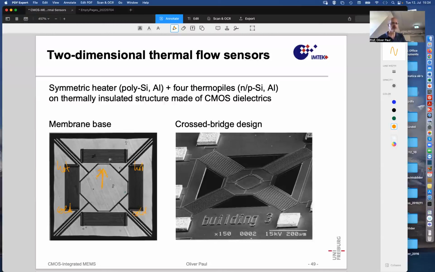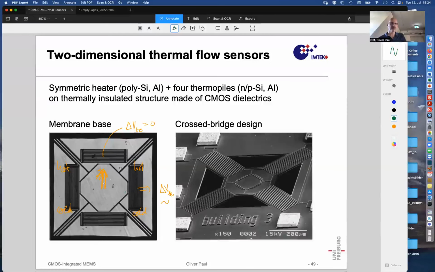Those other thermopiles will have no output. Here we'll have an output, delta V Seebeck thermoelectric, proportional to this yellow arrow. And here we have thermoelectric voltage equals 0 because of symmetry reasons.